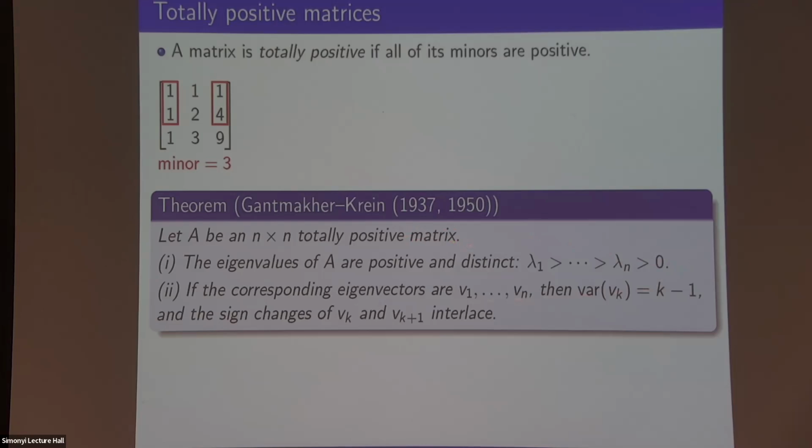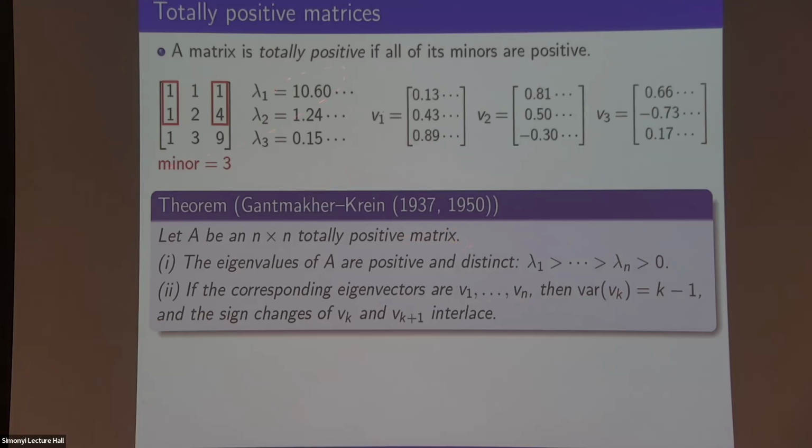By the intermediate value theorem, if a continuous function changes sign between two values, it has to have a zero in between. So in this example, here are my 3 eigenvalues and the 3 eigenvectors. You can see the first one does not change sign, the second one changes sign once, and the third one changes sign twice.